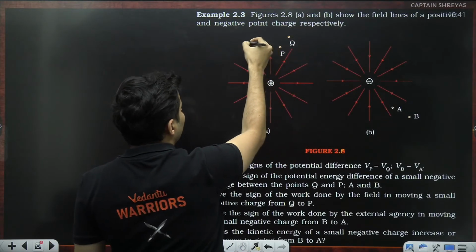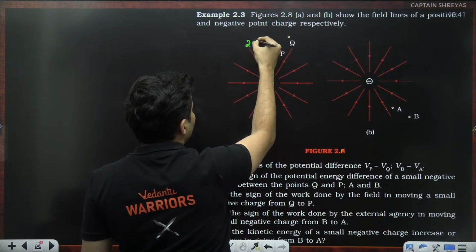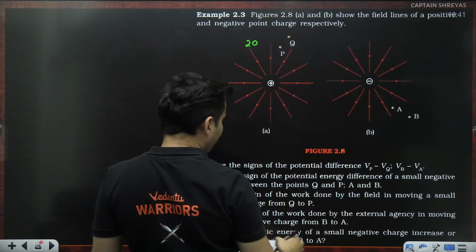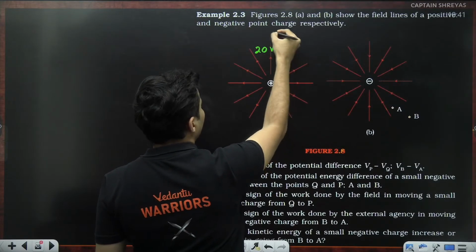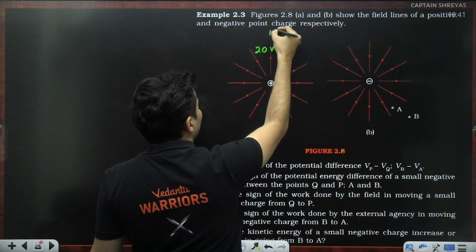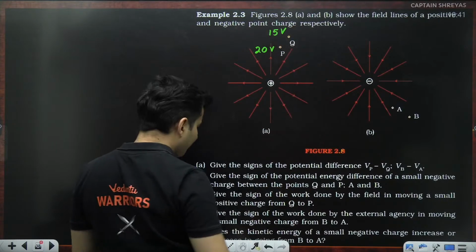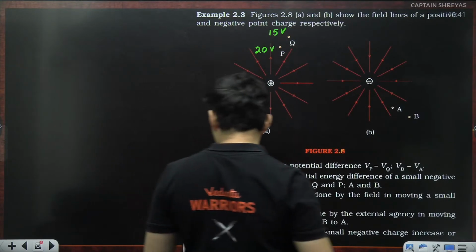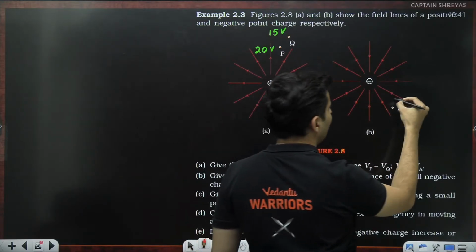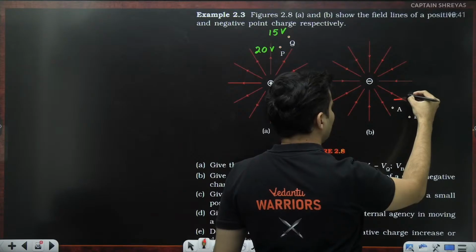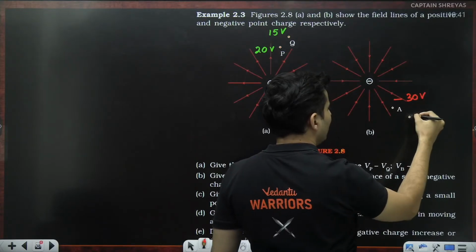Let's say at point P it is 20 volts. At point Q, let's say it is 15 volts. Similarly, over here, because this is negative, it will become more negative when you come closer. Let's say it is minus 30 volts. Here it will become less negative.